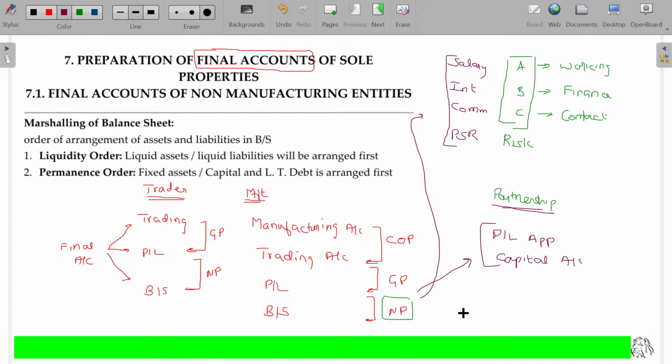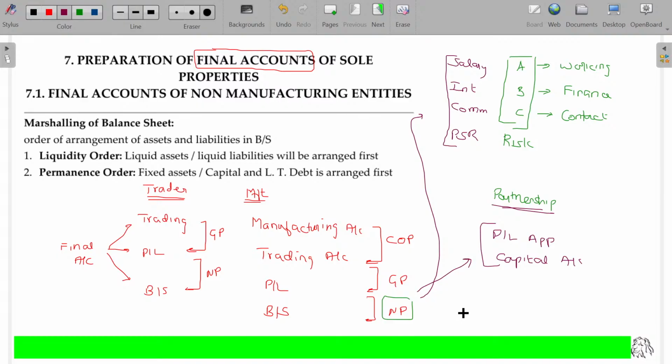After the P&L account, whatever net profit we found out by preparing the P&L account is shared by the old partners based on their contributions. So in most important cases, we may have six blocks also: manufacturing, trading, P&L account, P&L appropriation account, capital account and balance sheet.